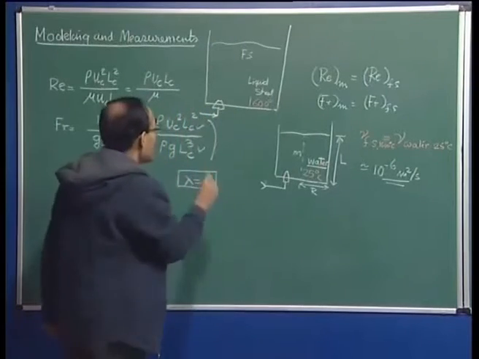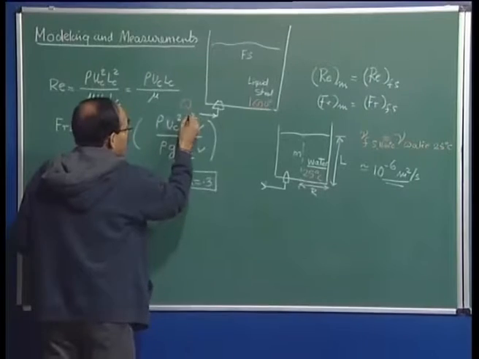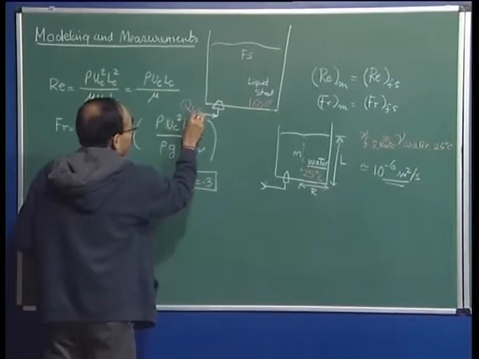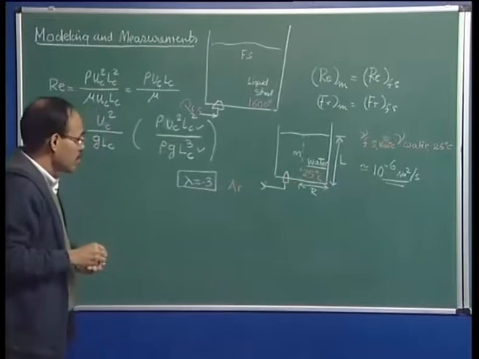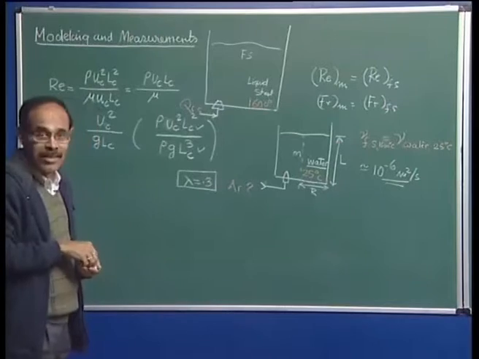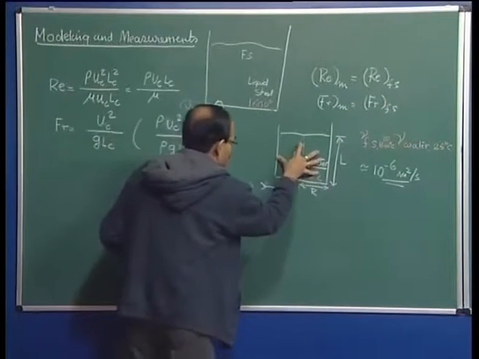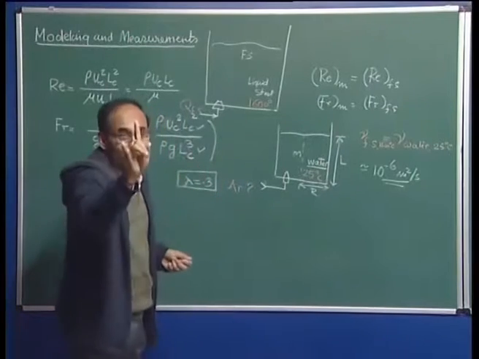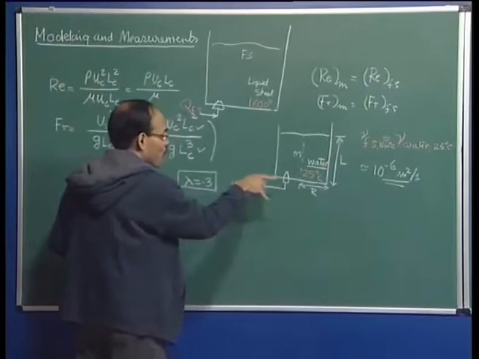Now, you must remember, when I know the argon gas flow rate in the full scale, the flow rate of air here, if you are using it as a replacement, is really not known to us. Everything else I have scaled down, I have used water, everything is set except for one single parameter: what is this argon flow rate or air flow rate that we are going to use.